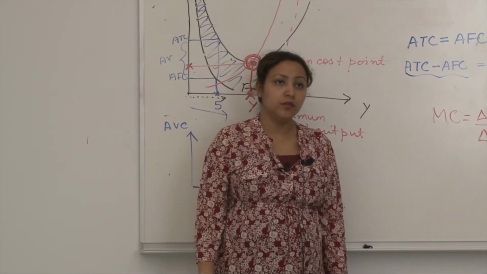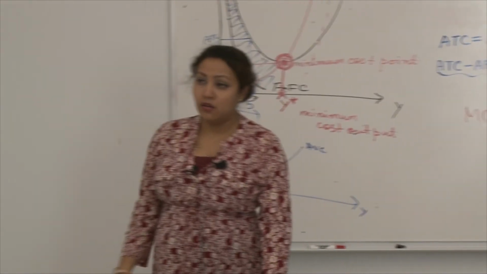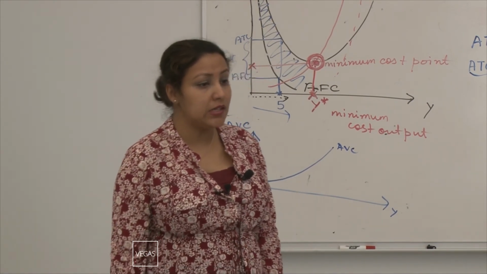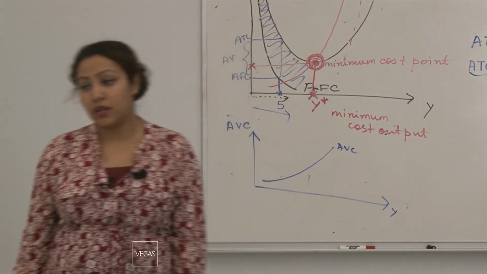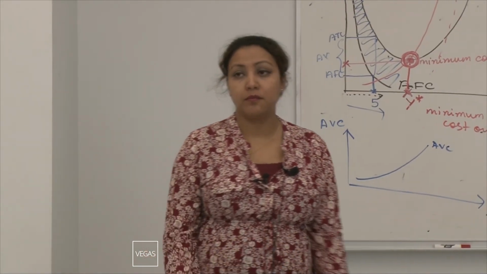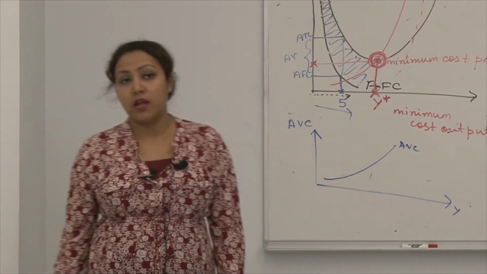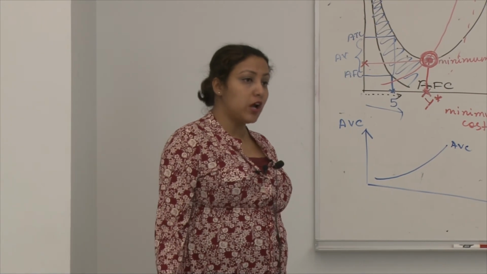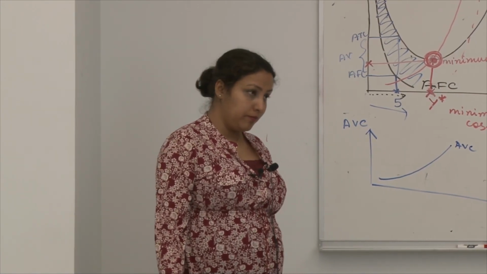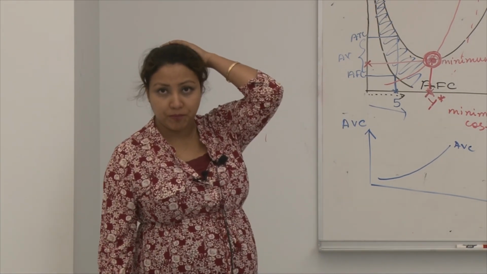Okay? So you can write this sentence down: MC intersects the ATC at the optimal point of production, that is Y star.